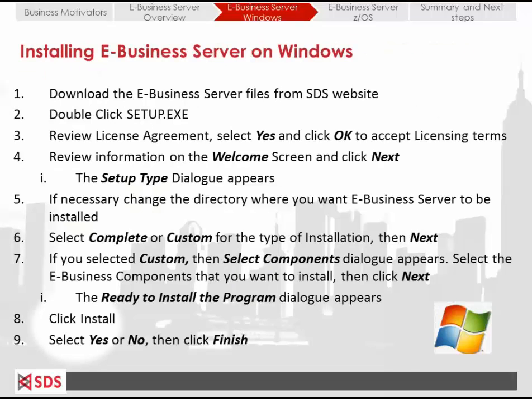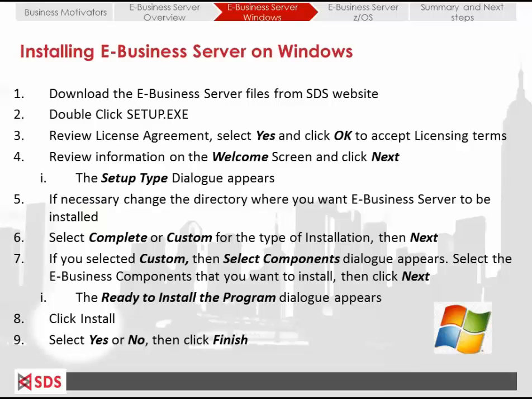Installing eBusiness Server on Windows is very simple. Once you've downloaded the eBusiness Server file from the SDS website, double click on the setup.exe file, review the license agreement and select yes and OK to accept the licensing terms. The setup type dialog will appear. You then can choose whether you want to perform a complete installation or a custom installation.